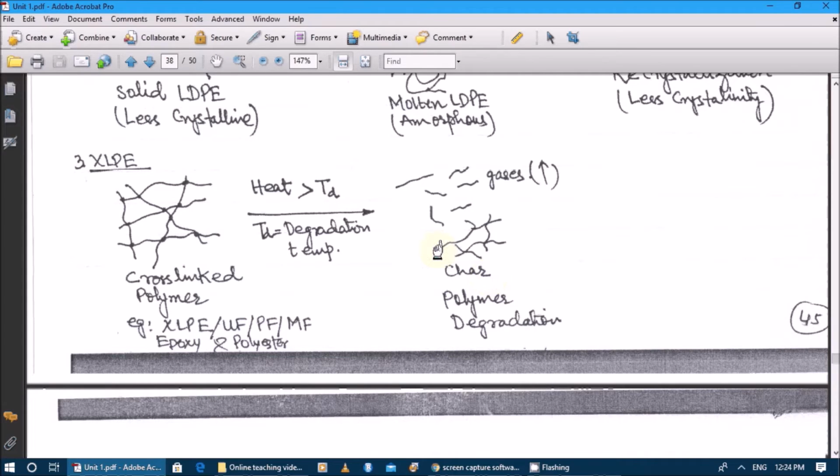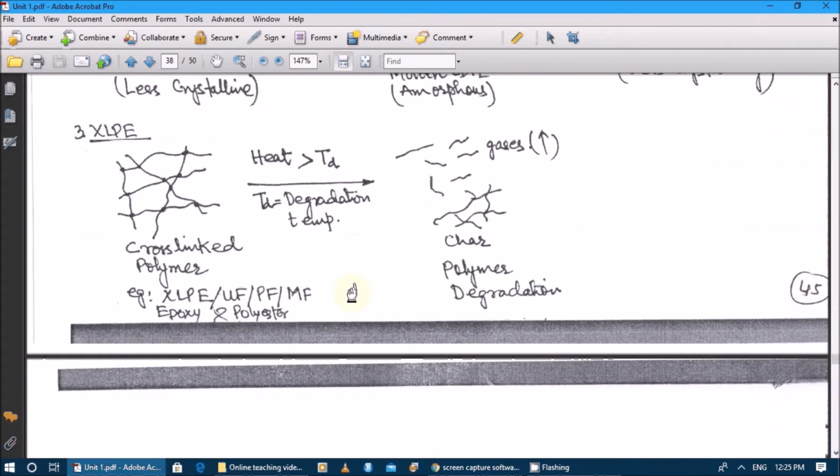So this is char. So we can say that a cross-linked polymer cannot be remelted. If we try to heat it, it will undergo the process of degradation, and some portion of it will be converted into smoke and gases, and some portion will be left as char of degraded polymer.